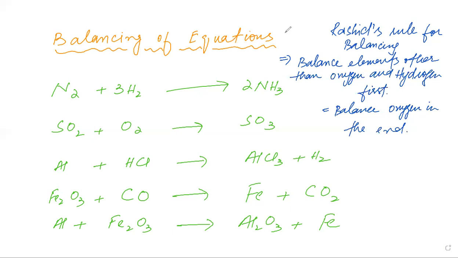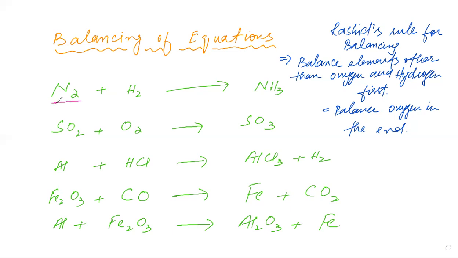So students, let's start balancing this equation. So we have nitrogen and hydrogen, and they are converted to ammonia. Students, you are saying that according to this rule, we should balance nitrogen first.